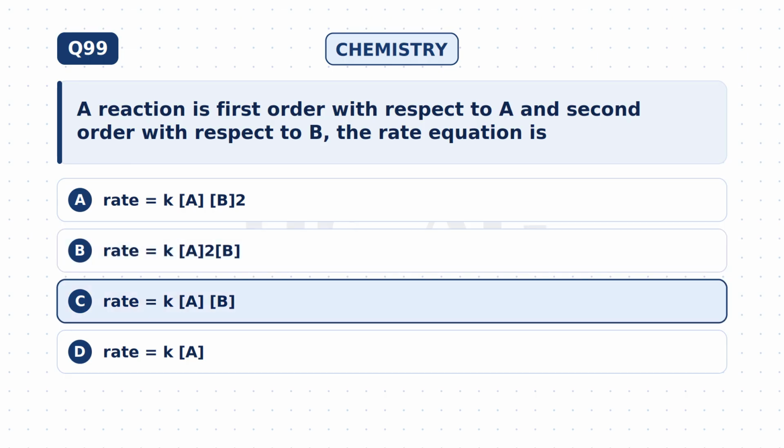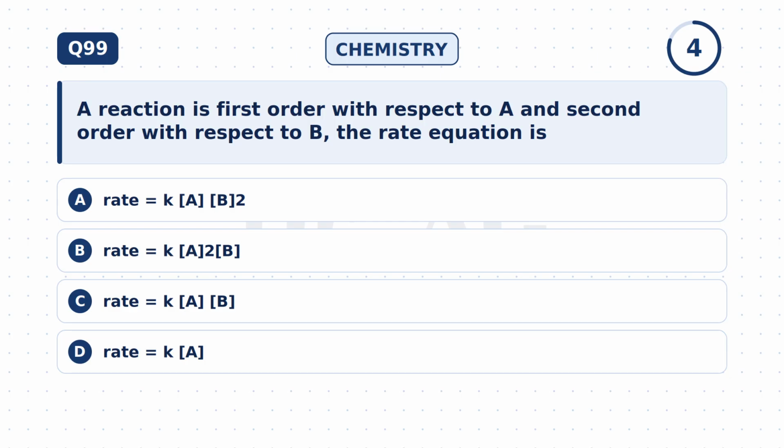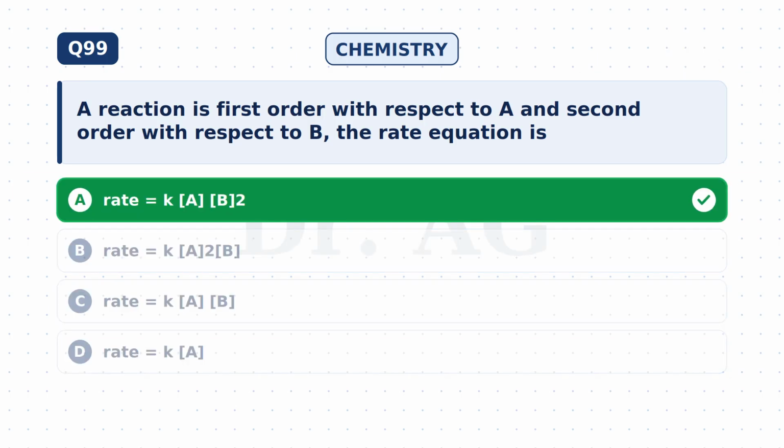Option C, rate equals k[A][B]. Option D, rate equals k[A]. The correct answer is A, rate equals k[A][B]2.